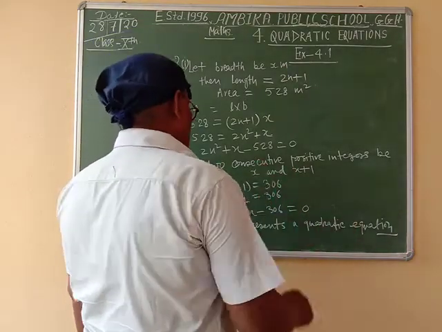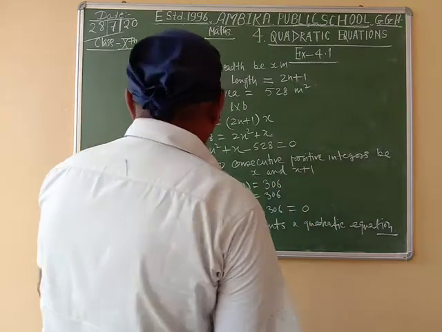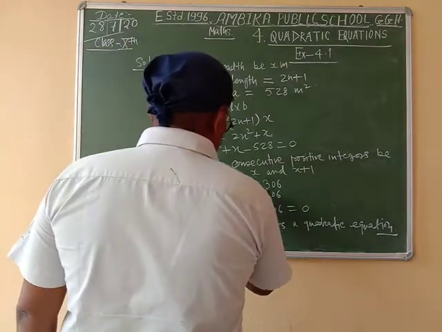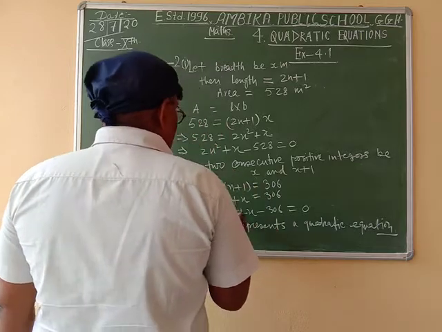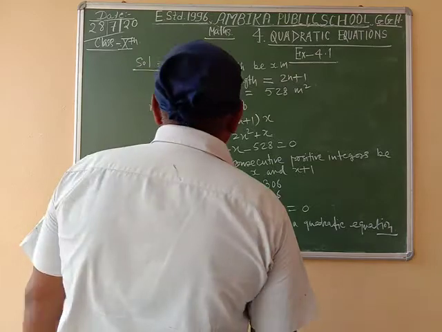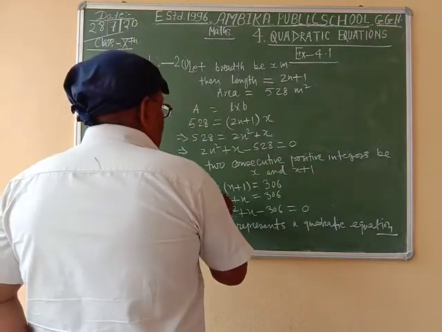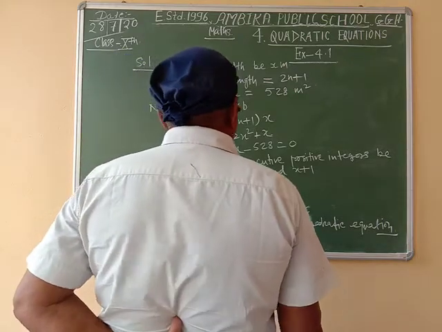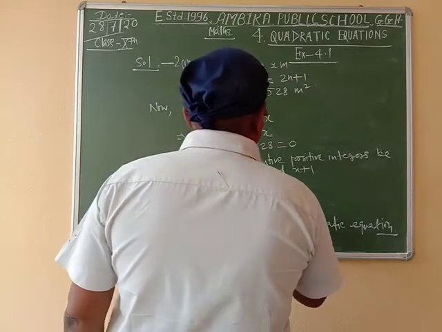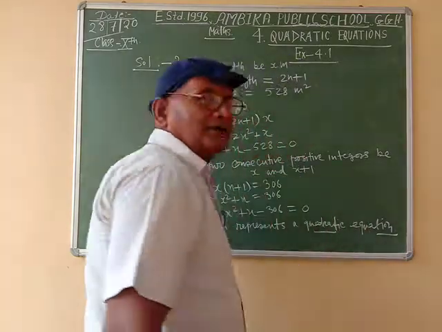Then the product is x into x plus 1 is equal to 306, so x square plus x minus 306 is equal to 0, which represents a quadratic equation.